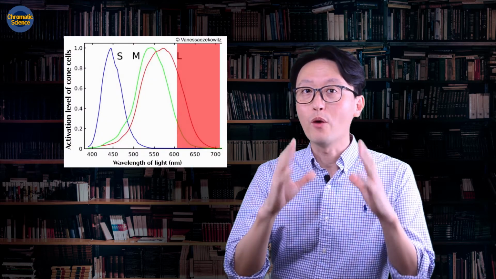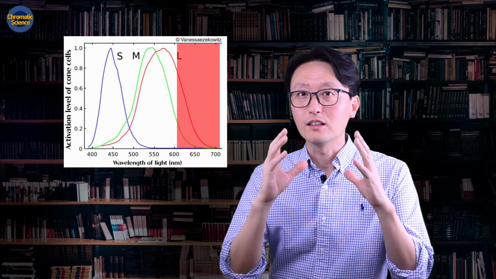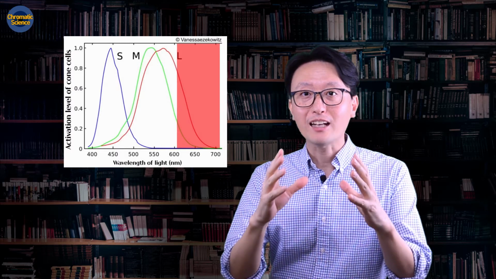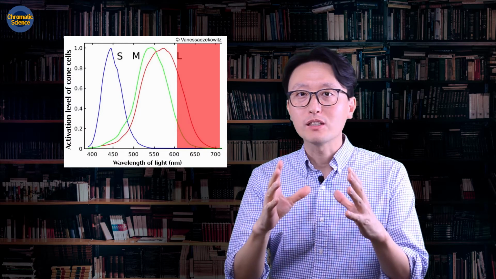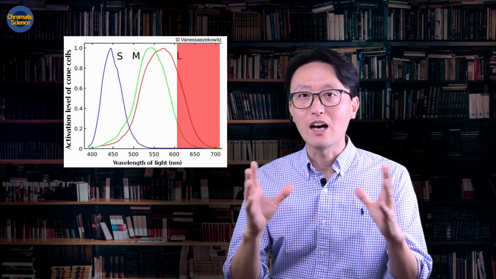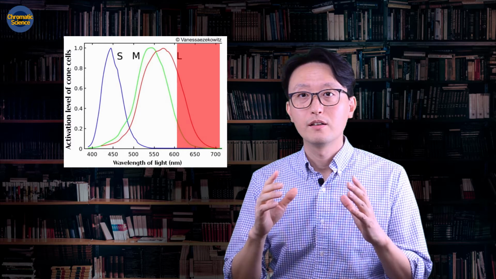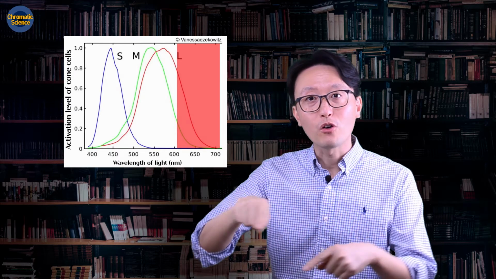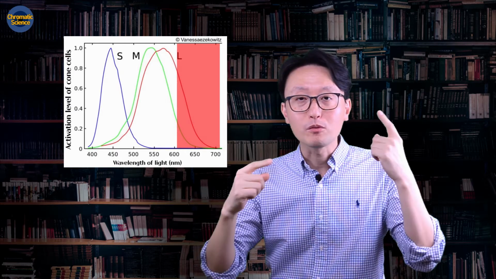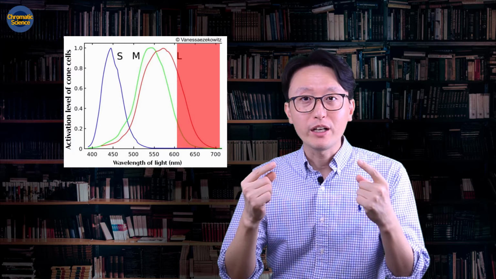Now, let's talk about how we can use these photoreceptor cells to perceive colors in our eyes. For example, if you are looking at a red object, then the red light will activate your L-cone cells. But M-cone cells and S-cone cells are not activated as much. Then the signals from these cone cells will be transferred to our brain, and then the brain will interpret the signals.